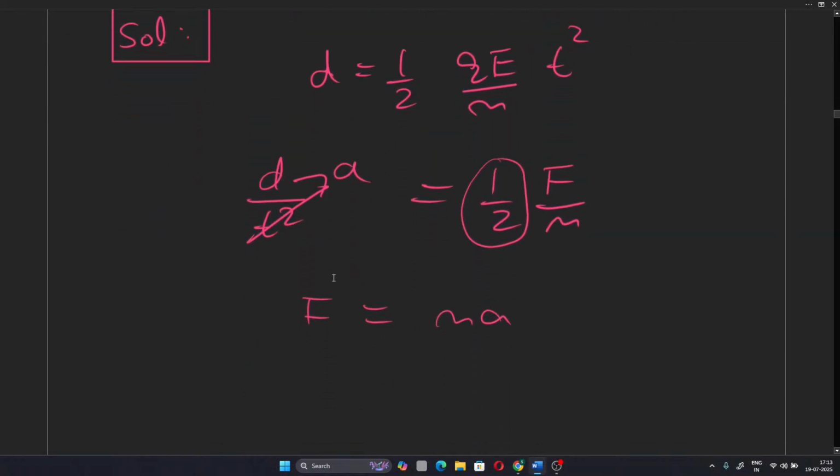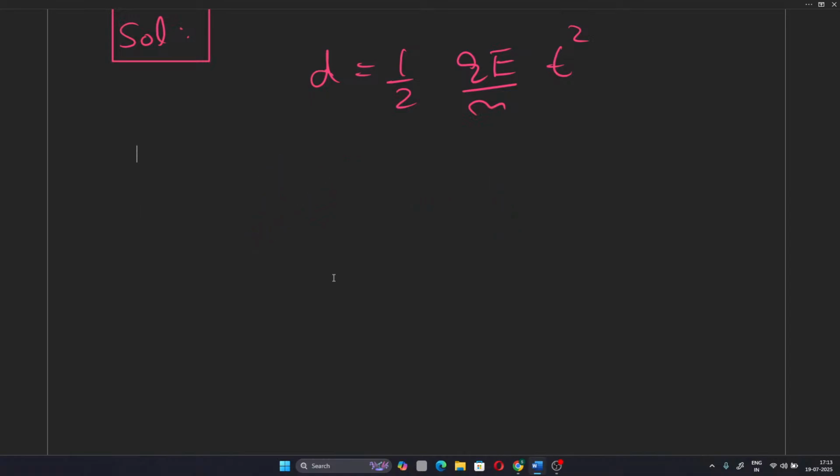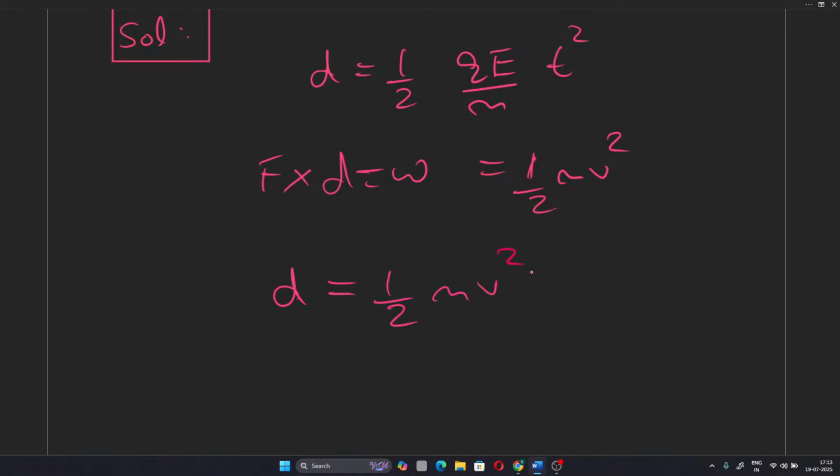Okay, it is similar to that. Now here, this is an equation, but it might be related to force into distance, which is equal to work, which is equal to change in kinetic energy, which is half mv square. Now when we want to find distance equals half of mv square by force.